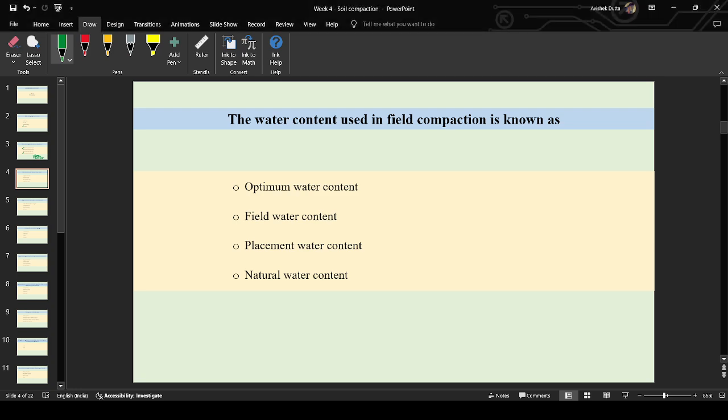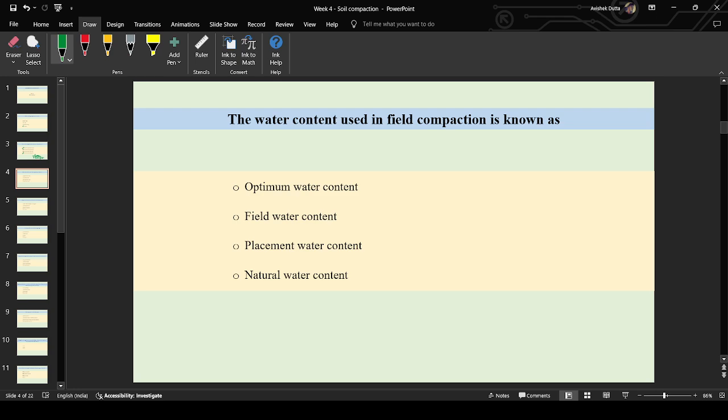Optimum moisture content, or optimum water content, is that moisture content which upon compaction gives us the maximum value of the dry density, isn't it? But the thing we do in the lab and the thing we do in the field are often not the same, because in the field there are so many other factors that need to be taken care of.